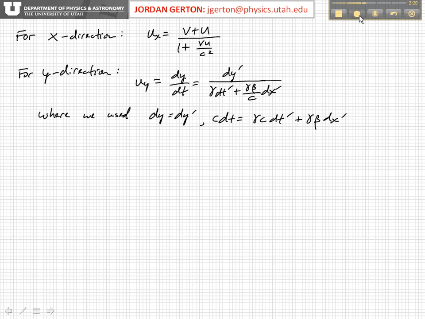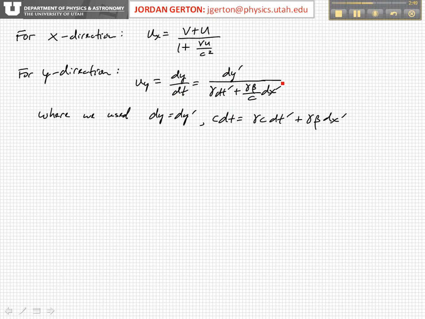For the y direction, we use the fact that, again, the coordinate values are the same as measured in the primed and unprimed frame, dy is equal to dy prime, and then we plug in the Lorentz transform equation for the time coordinate, and we divide the two, so dy divided by dt, and then we get this expression.